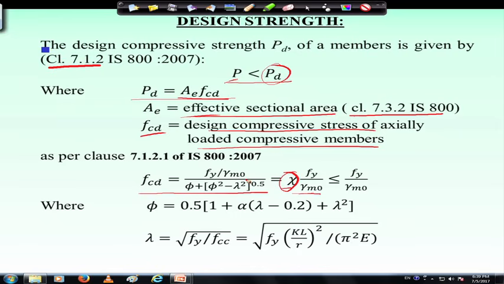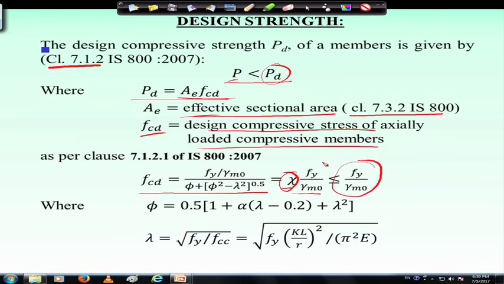So, stress reduction factor depends on the radius of gyration, length and imperfection factor. That means, basically the slenderness ratio and imperfection factor, right. And this has to be less than or equal to F y by gamma m 0. That means, this reduction factor cannot become more than 1.